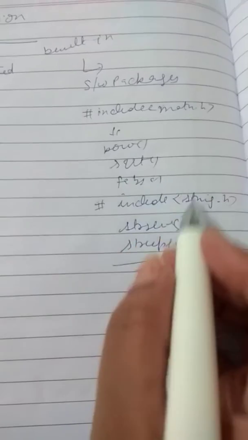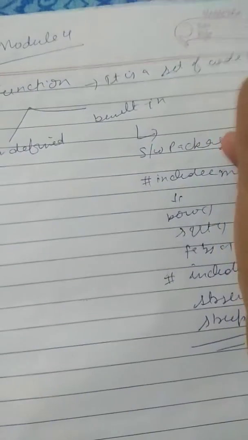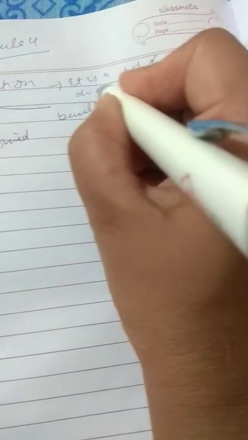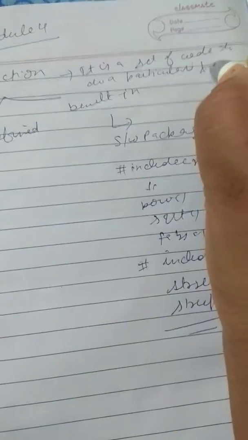So directly we were able to use these functions to do some kind of task, right? Now function itself is what? Definition: it is a set of code to do a particular task, okay?